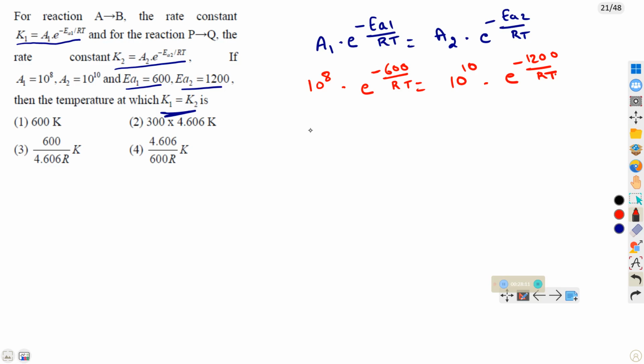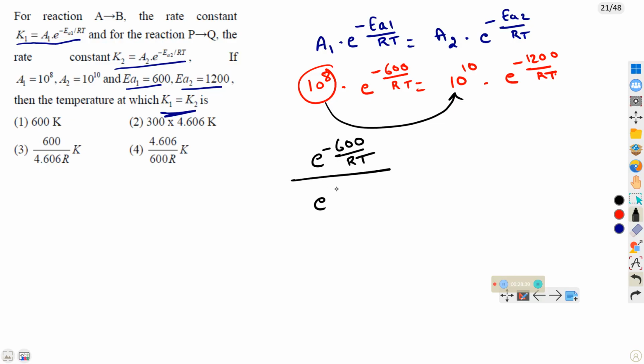Now it can be also written as, 10 power 8 term shifted to right side. Then e power minus 600 by RT whole divided by e power minus 1200 by RT is equal to 10 power 10 by 10 power 8.